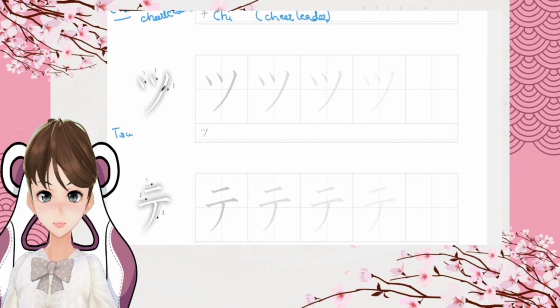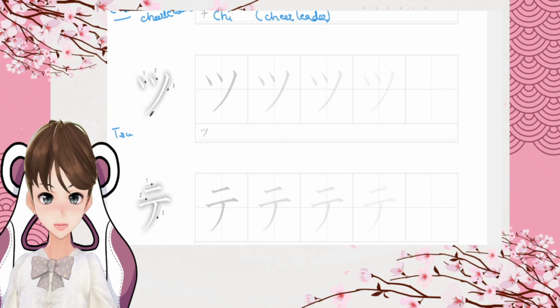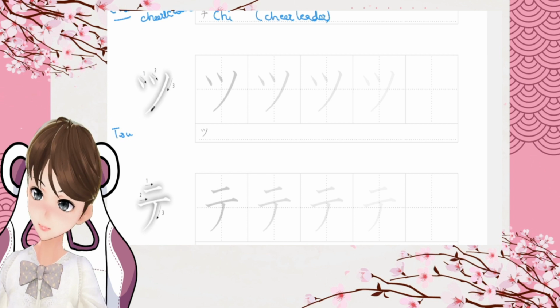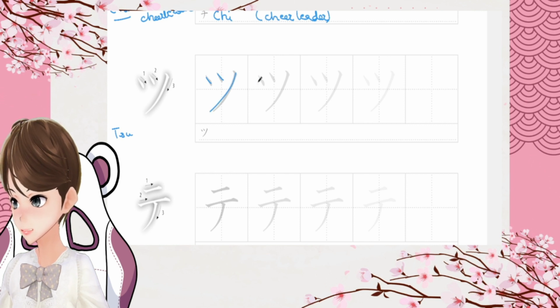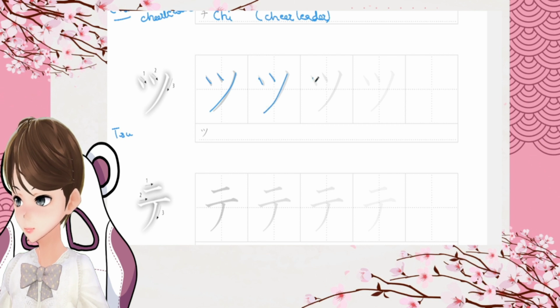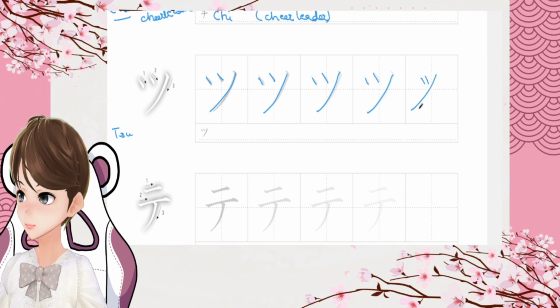And the way that you can remember is that it's almost like sewing needles. So the way we write it is 1, 2, 3.